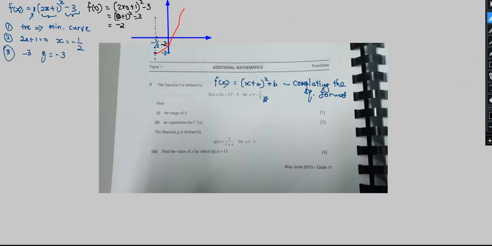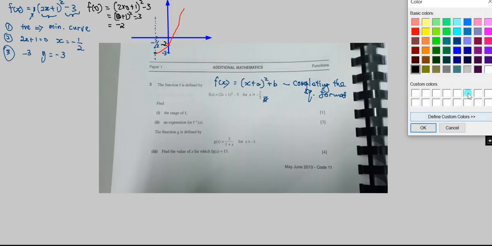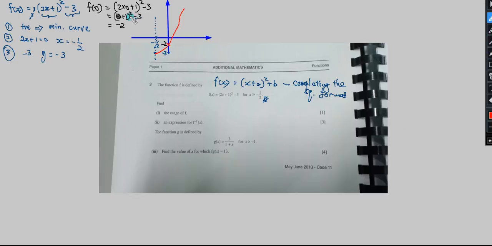Now, the other side: remember, it's a symmetrical curve along this axis, and this is the middle axis, the axis of symmetry.